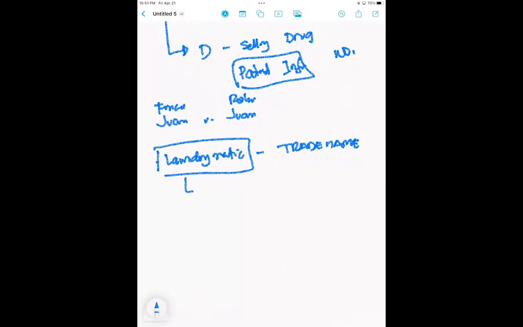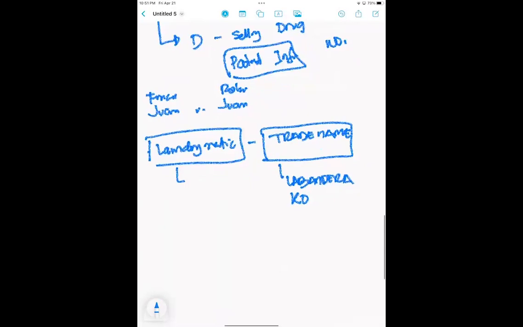the name. Okay? By the way, ang pangalan niya, ang trade name niya, actually, yung trade name is actually Labandera Ko. Okay? Now, this is the name of the business, okay?